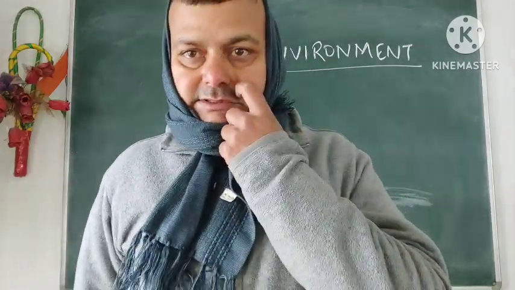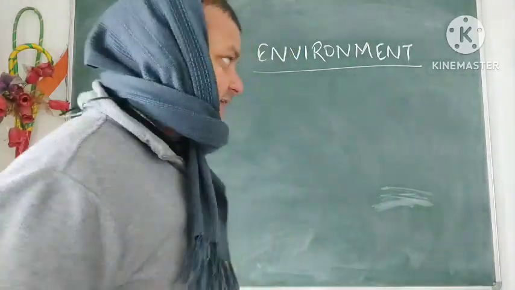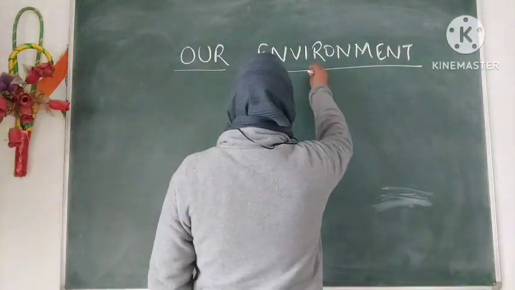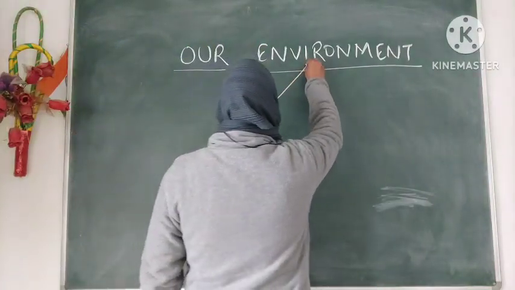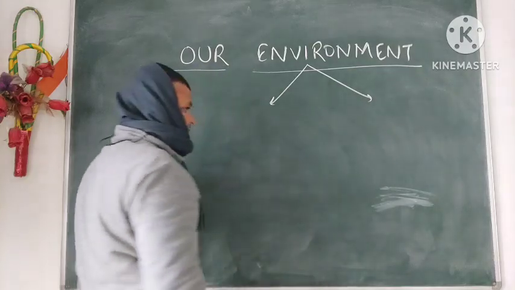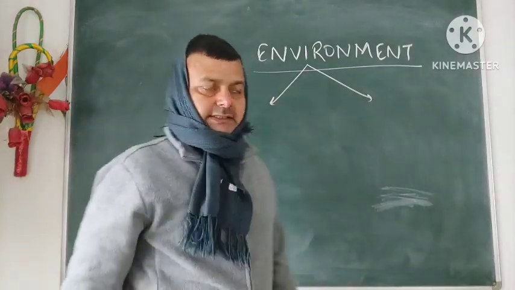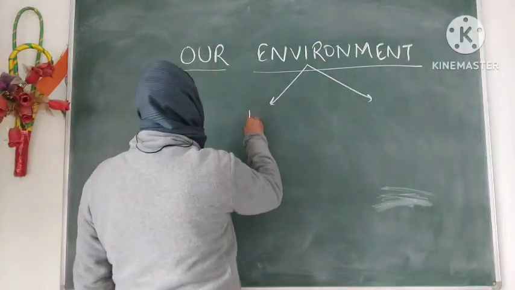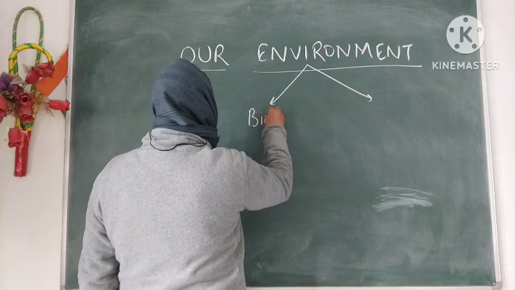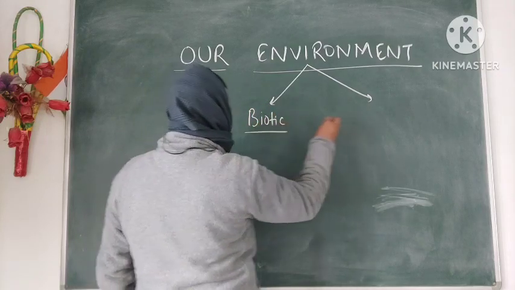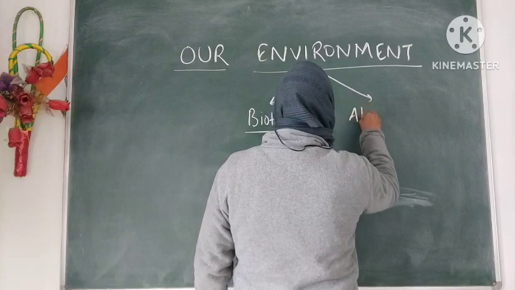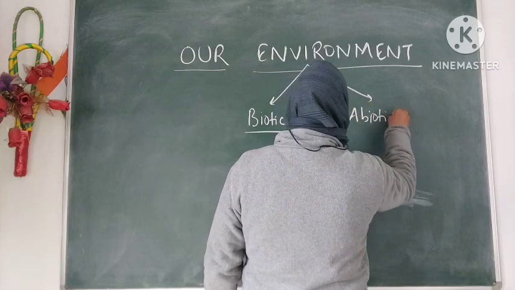And when we elaborate the term environment, we find there are two types of components. Some will be the living components, which we call the biotic components, and some are non-living, which we call the abiotic components.